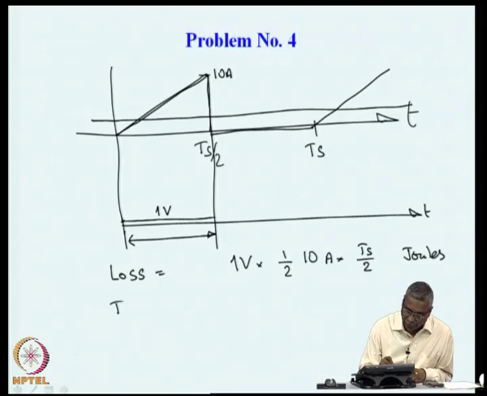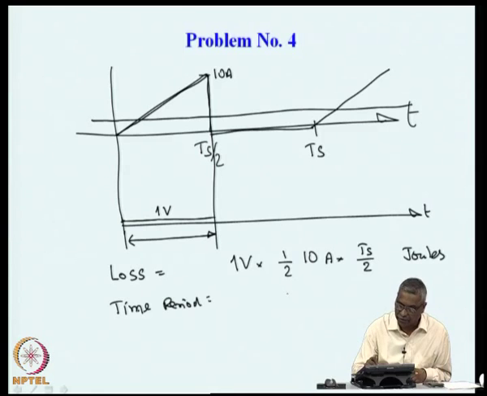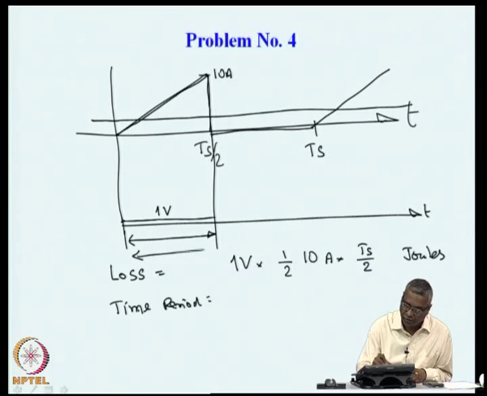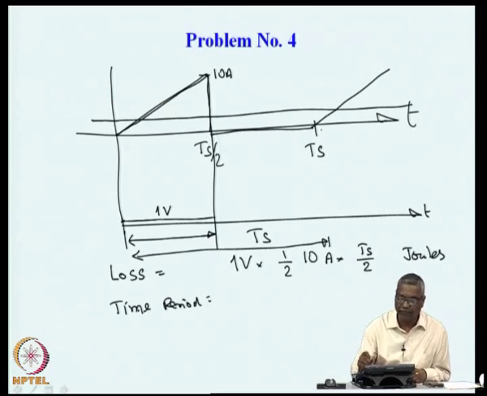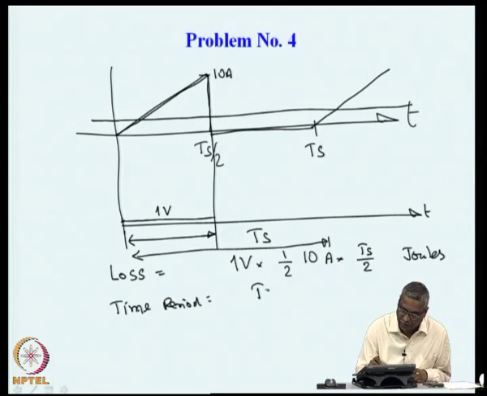And what is the time period in which this loss is taking place? It is Ts, because during the next half when the device is not conducting, there are no losses, and so we can say the total period for which this loss is taking place is Ts.